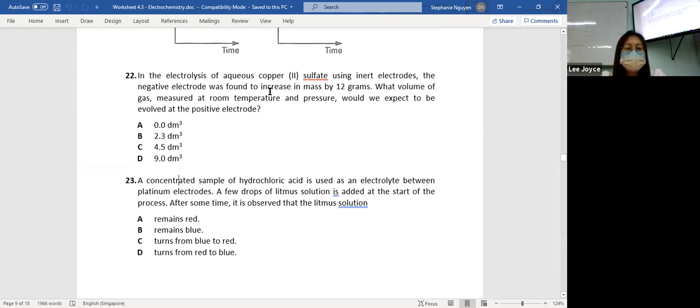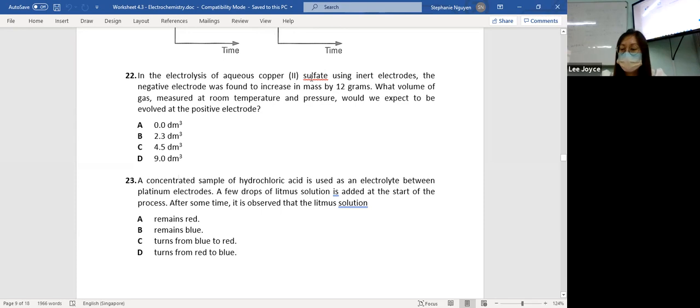Now for question 22, you see we're using inert electrode. So we're going to write out what are the half equations that will happen at the anode and the cathode. So at the anode, we have the anion. Which anion to be discharged will be the hydroxide anion.